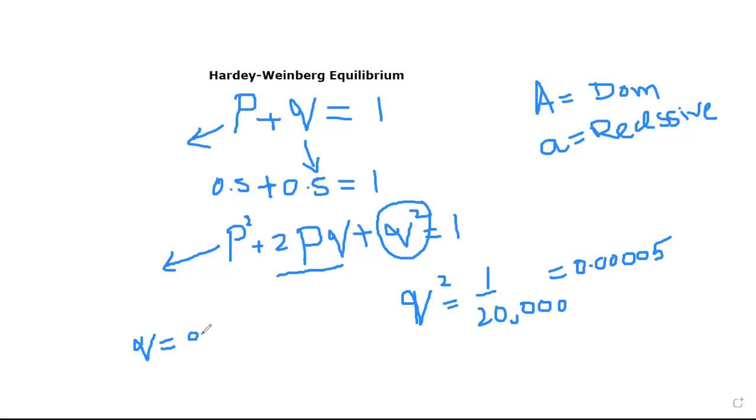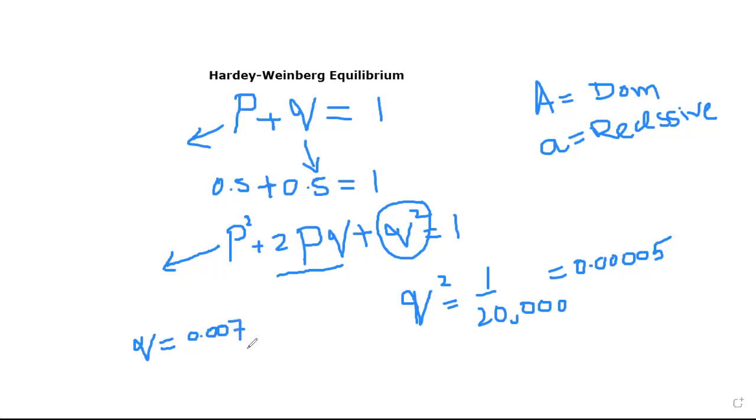I can do it on my own, but the way I'm doing it, you should know what exactly we are doing. You should go through it by hand. What will this be? 0.007. You got the value of q as 0.007.